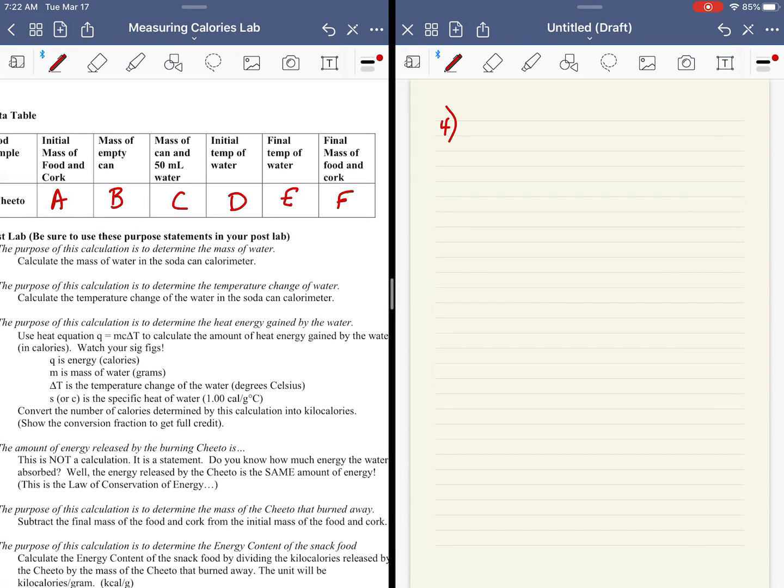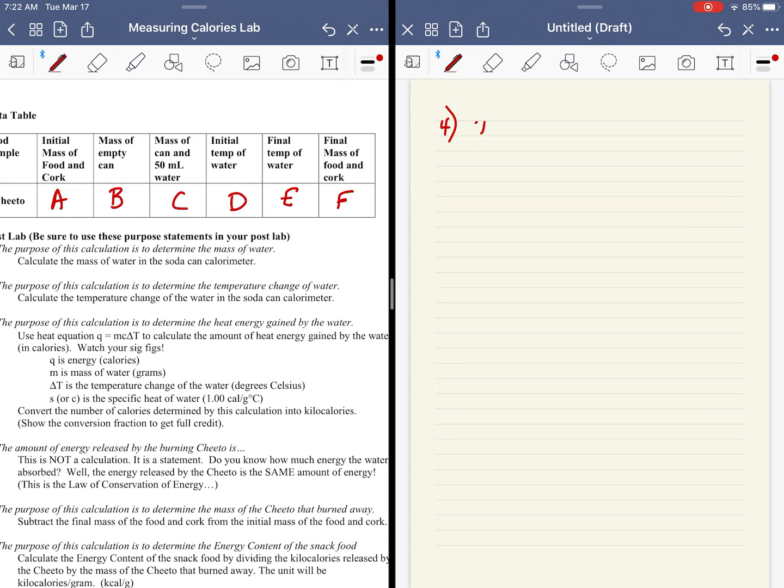For question number 4, it is not a calculation. It is just recognizing that the amount of energy absorbed by the water is equal to the amount of energy given off by the burning Cheeto.